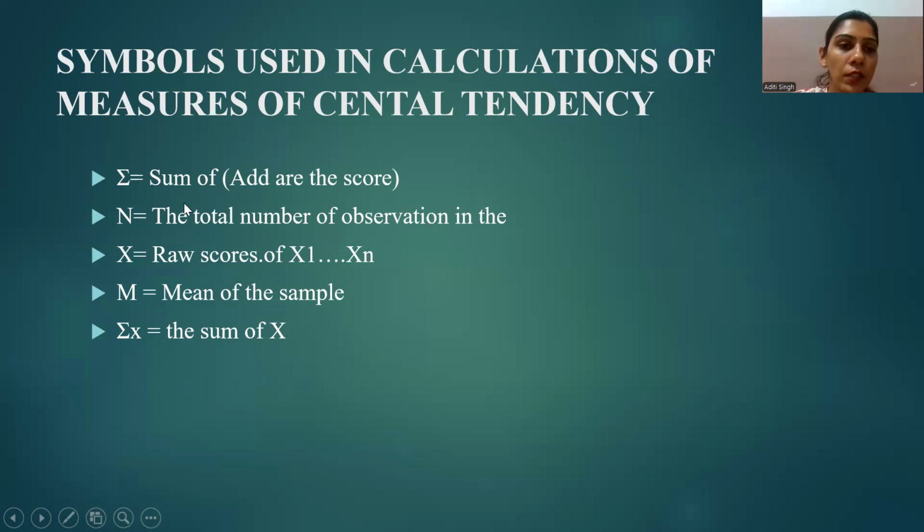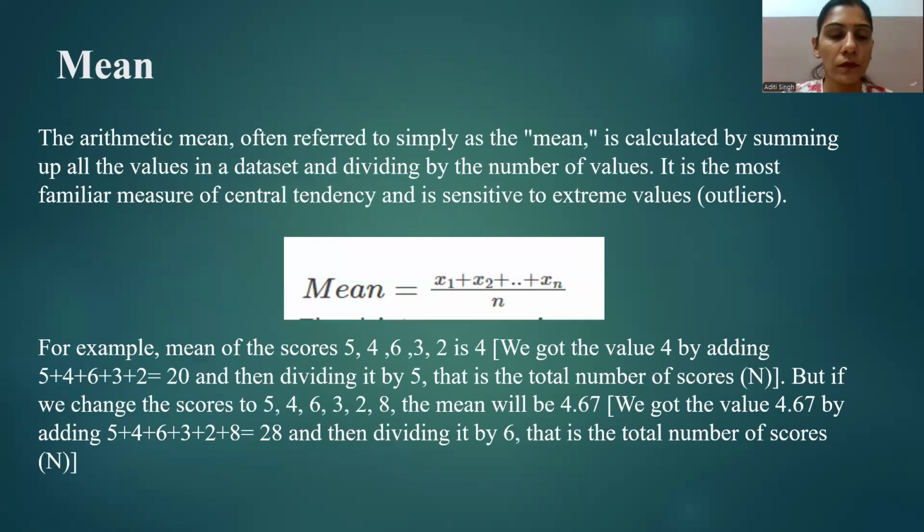Summation means sum of, n denotes the total number of observations, X shows a raw score, M shows the mean of the sample, and ΣX shows the sum of X. These are the common symbols which are used while calculating central tendency.